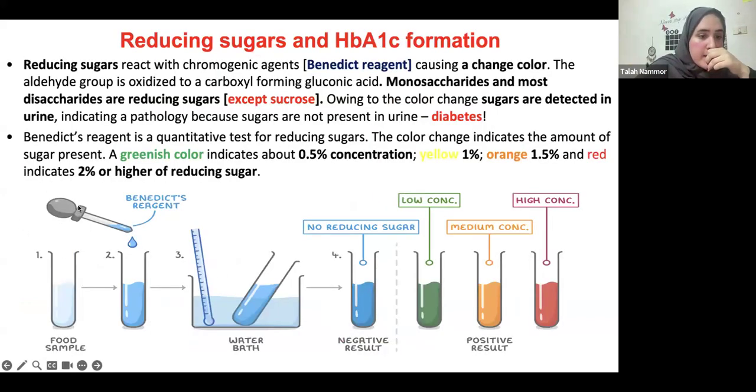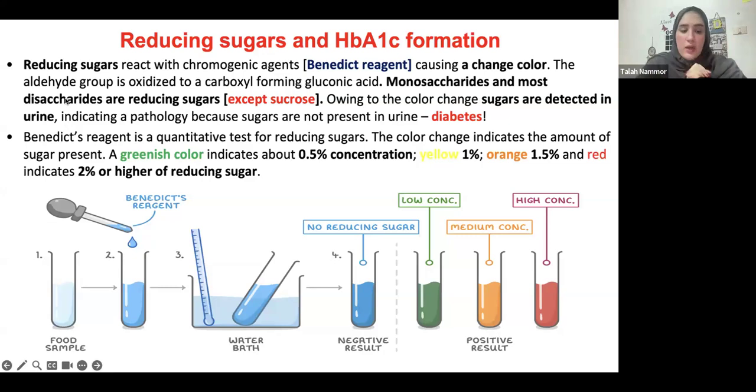Okay, perfect. Now, reducing sugar and HbA1c formation. I'm pretty sure you know someone that has diabetes, or you've heard of someone that has diabetes.